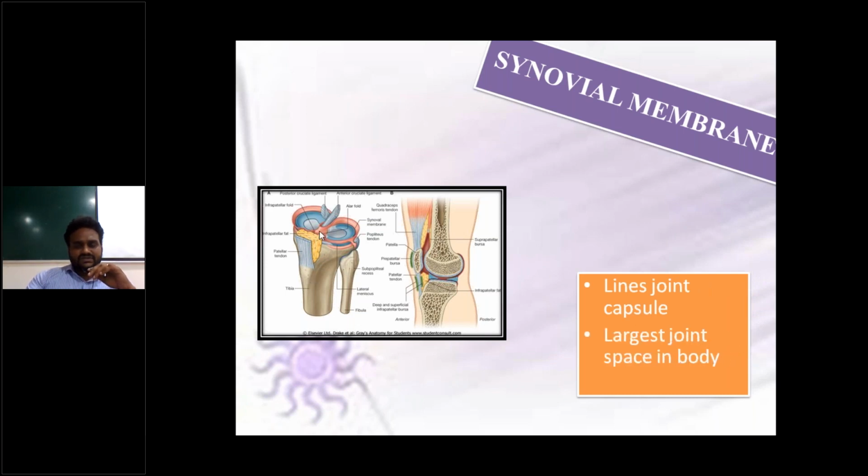So you can see this picture. In this picture we can see the synovial membrane. And this is another picture, in this picture also we can see the synovial membrane. Usually it lines the joint capsule. It is the largest joint space in the body. Already I told you the knee joint is the largest synovial joint in the body. In another picture we can see it clearly.